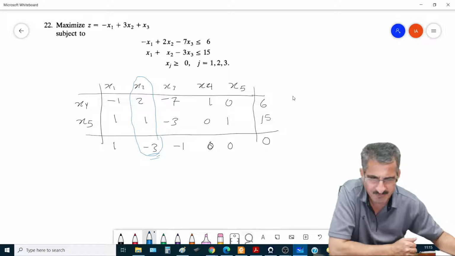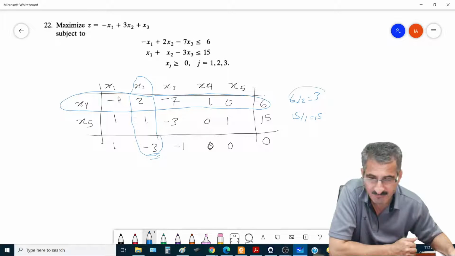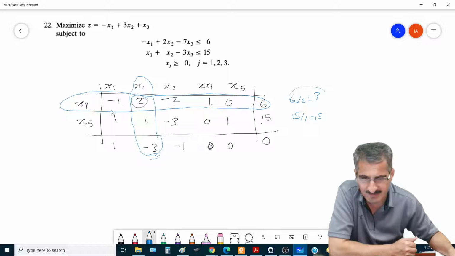Now we have 6 over 2, which is 3, and here 15 over 1, which is 15. So this is the smallest. So this is the departing variable and the pivotal column, and this is the pivot.